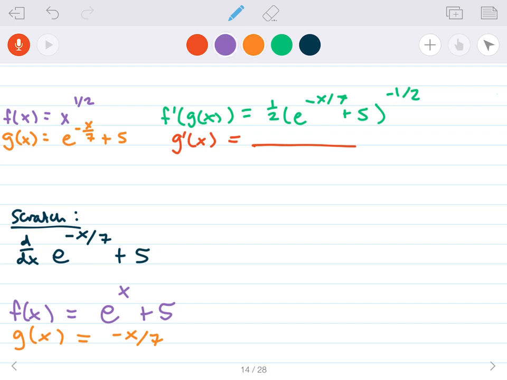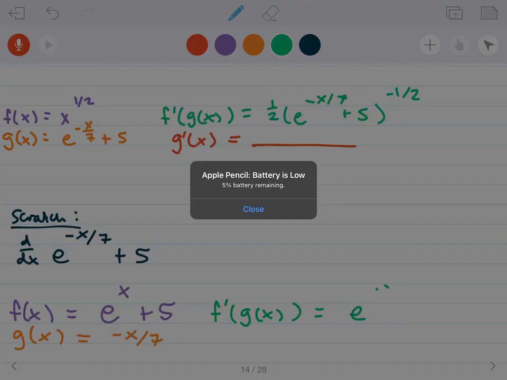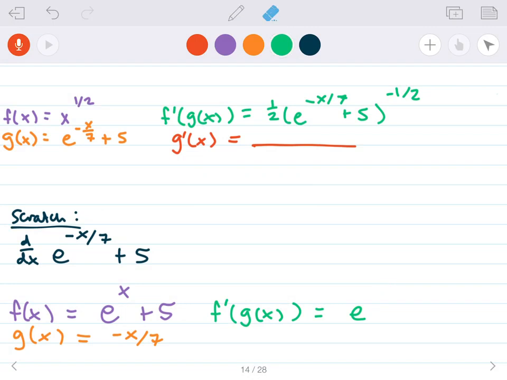So see how I'm doing the chain rule down here? F prime of g of x, this is my scratch work, equals, if I take the derivative of e to the x, it's just e to the x. The derivative of 5 is just 0, as I mentioned. So this is going to equal e to the negative x over 7.